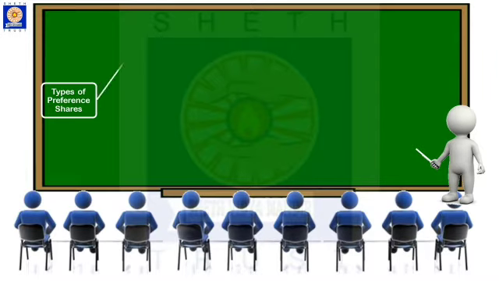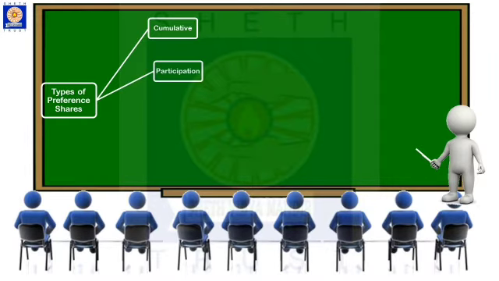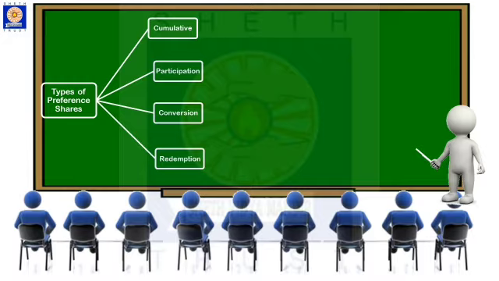First is on the basis of cumulative. Second, on the basis of participation. Third, convertible, or you can say conversion. And fourth, redeemable or redemption.